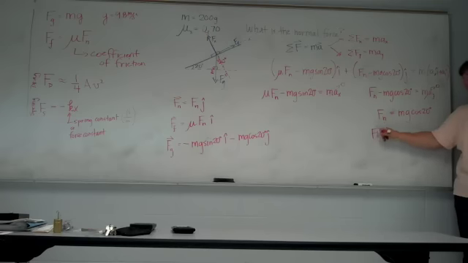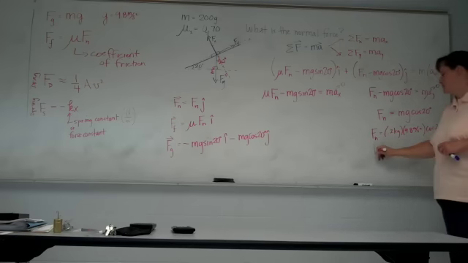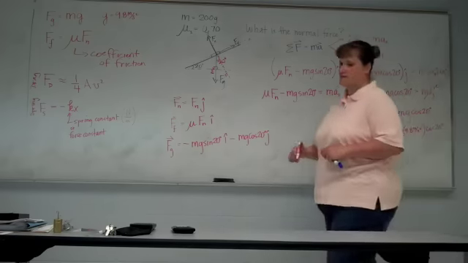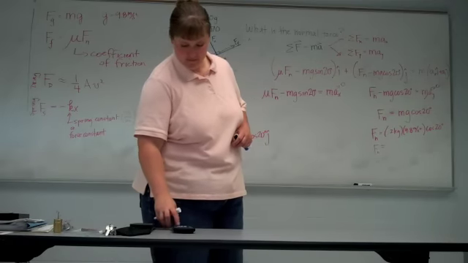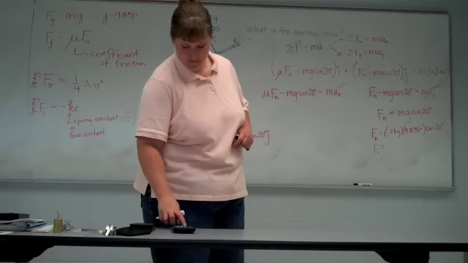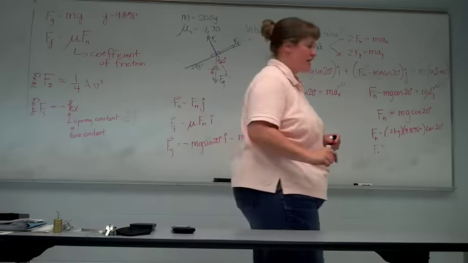So we know the mass is 0.2 kilograms. G is 9.8 meters per second squared. Cosine of 20 degrees. I get 1.84.